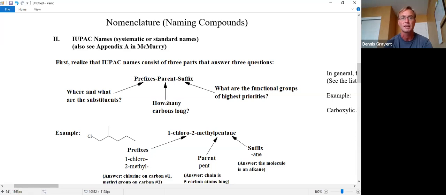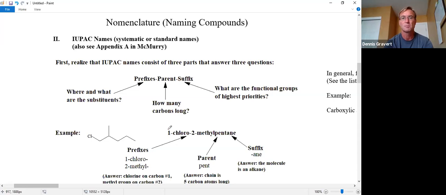If you look at a name like this one down here, the name I'm giving as an example is 1-chloro-2-methylpentane. What's this name all about? Well, most of it, at least in this case, two-thirds of it, consists of prefixes. And the prefixes are telling you where they are by the number and what they are.